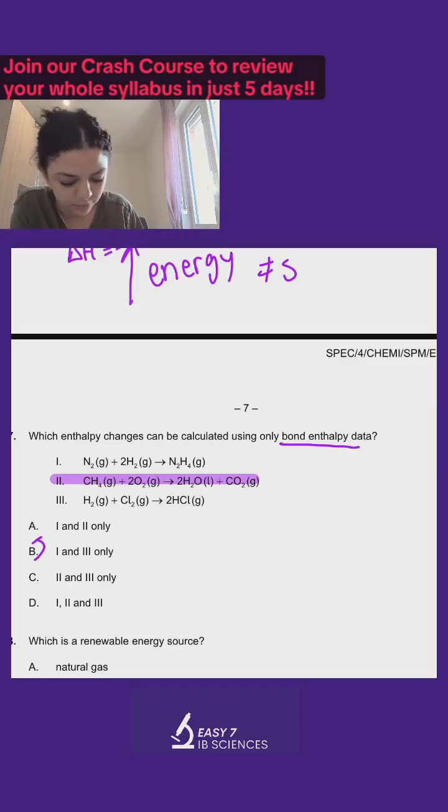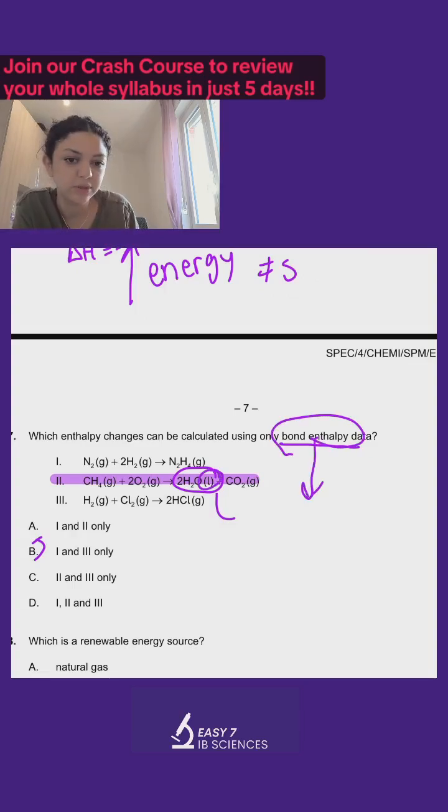And what do we see is formed in this combustion reaction? Is it water vapor or liquid water? We see it in liquid form. And we know the bond enthalpy data must only be used on gaseous form. Okay, that's why my answer has to be B. Now keep in mind that if this was a gas form, then you could answer D.